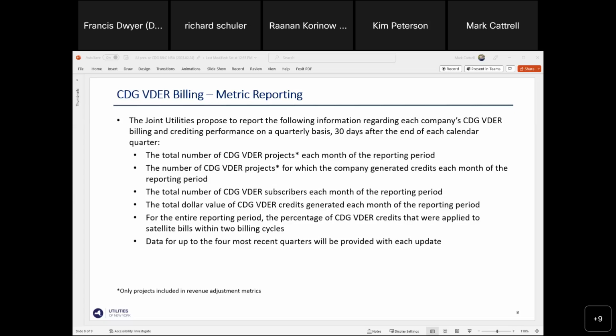And looking at this long term, with utilities working on system automations, and some of them already having those in place, those automations provide more built-in controls around accuracy. While they do enable more timely crediting, the accuracy piece we think is more covered in the automation processes that the utilities are performing.